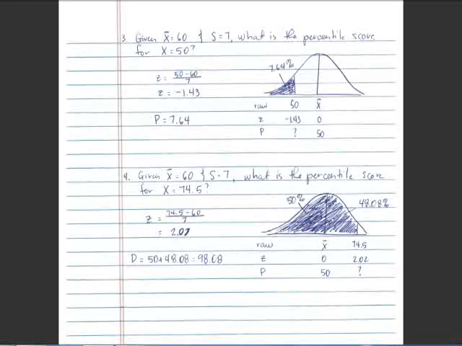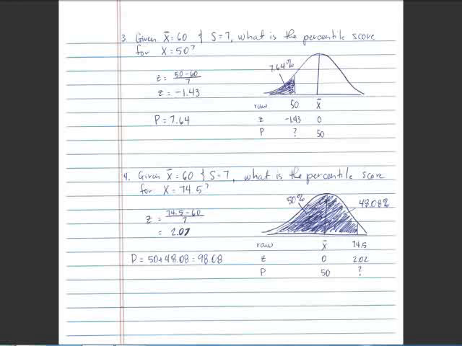All right, and there's really just two other types that we're going to talk about. And not surprisingly, they're going to be the different form of this. So question number 3, x bar is 60, s equals 7. What is the percentile score for x equals 50? So here, again, you can glance back up to the rule that we're going to use, but we're given the raw score.